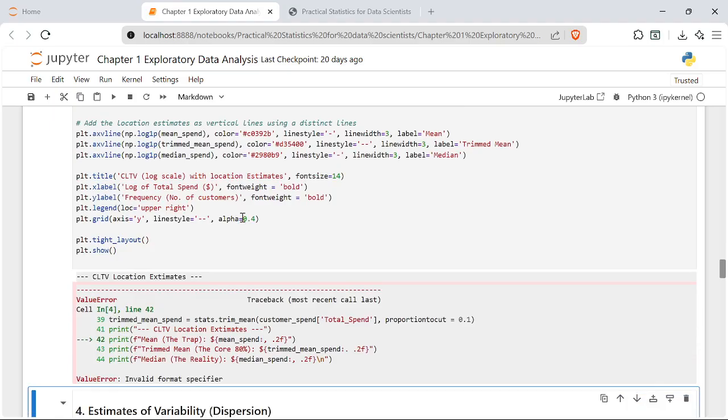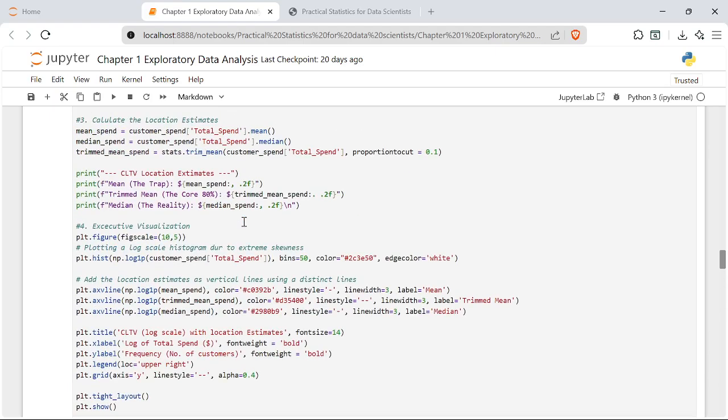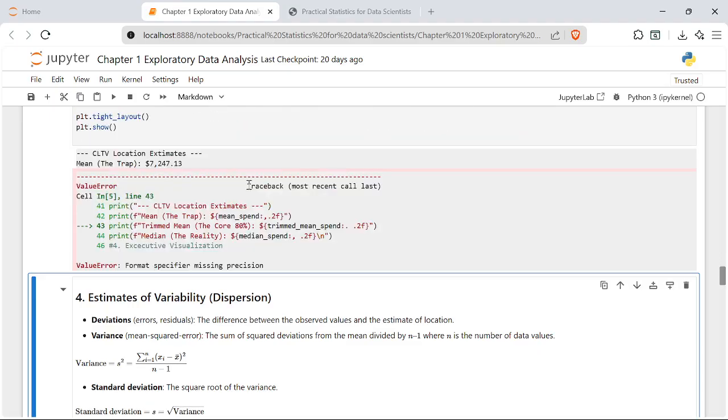Invalid format specifier. Format specifier missing precision.